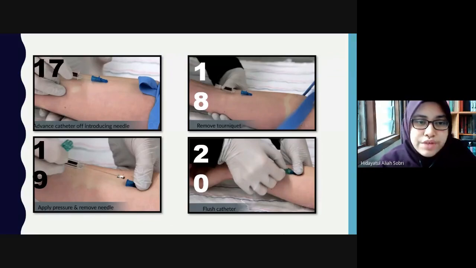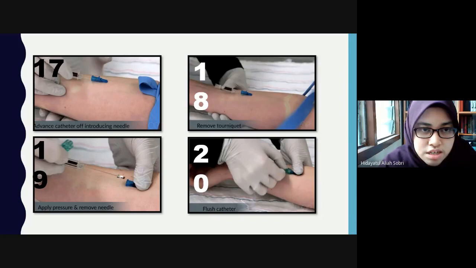Once you advance the catheter up over the introducing needle, simultaneously we withdraw the needle from the catheter, and then we remove the tourniquet, and after that we apply pressure on the insertion site before we remove the needle to avoid blood leakage onto the skin, and remove the needle carefully.